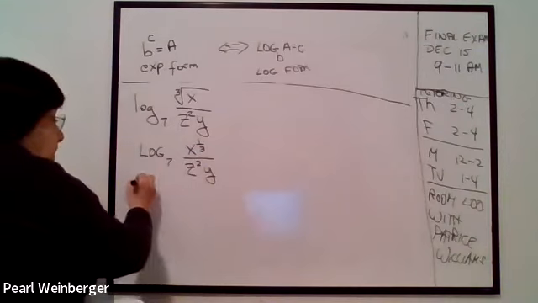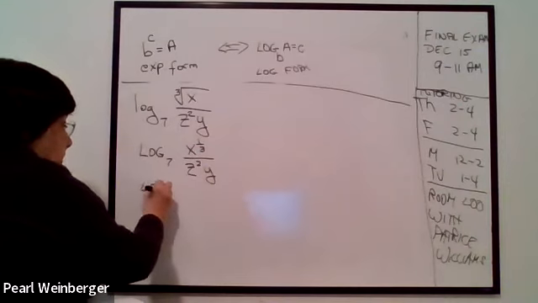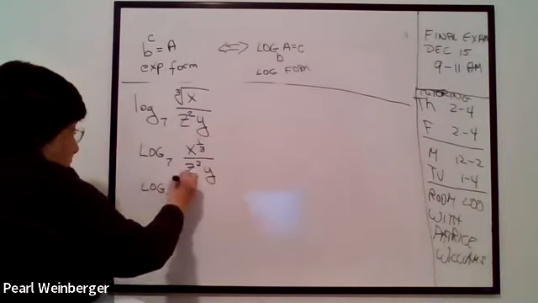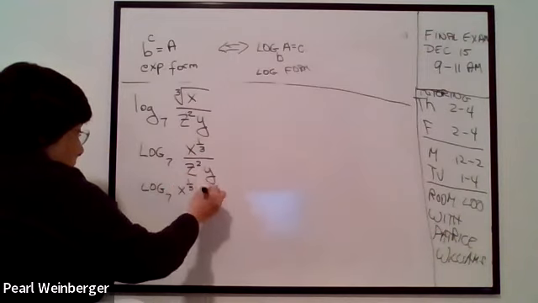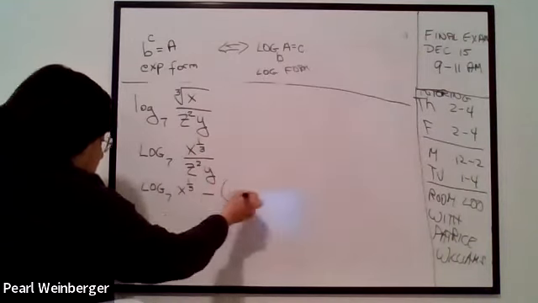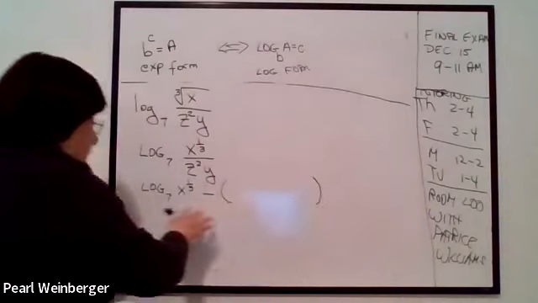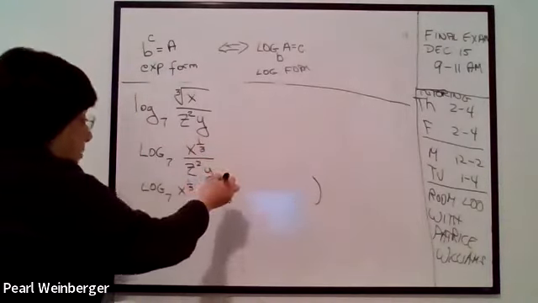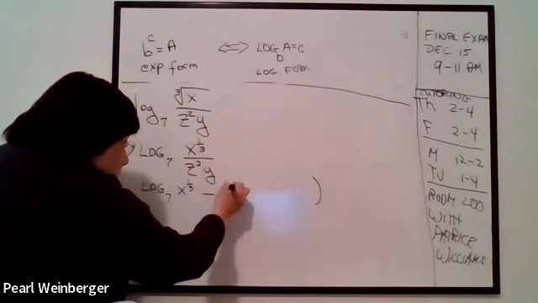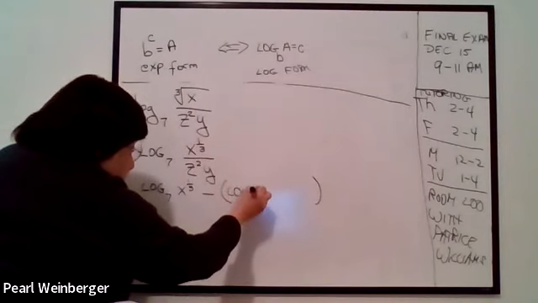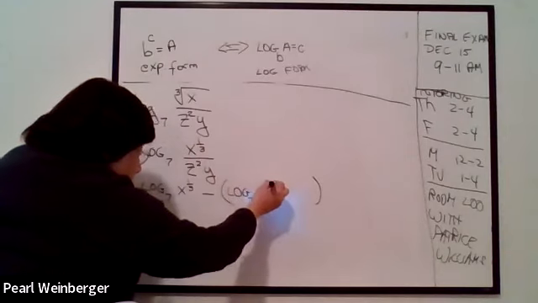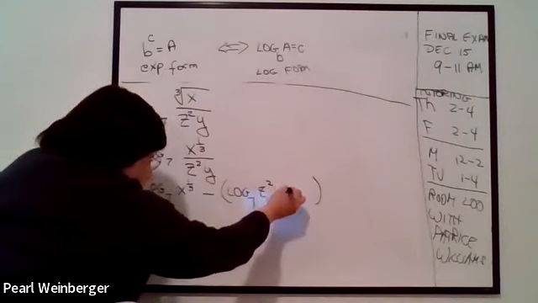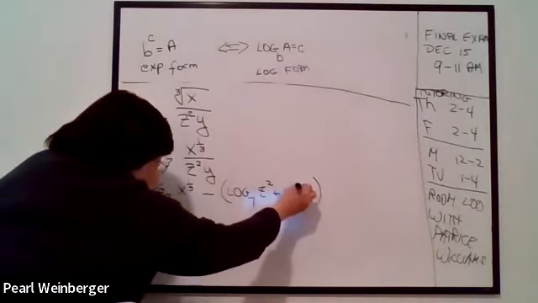So when I expand that, it's going to be the log base 7 of x to the 1/3 minus, and now I'm going to have to put this in parentheses because I'm subtracting this whole thing, because this whole thing is in the denominator. This is going to be the log base 7 of z squared plus the log base 7 of y.